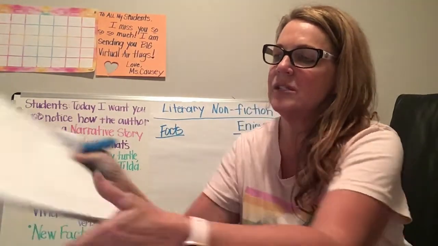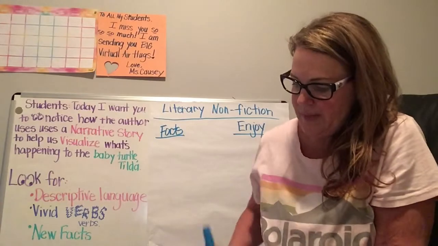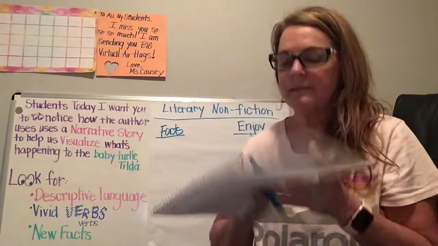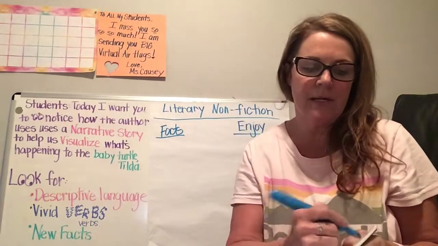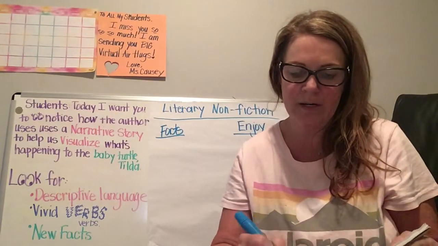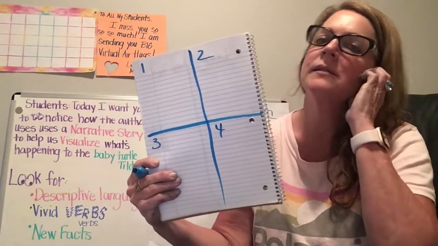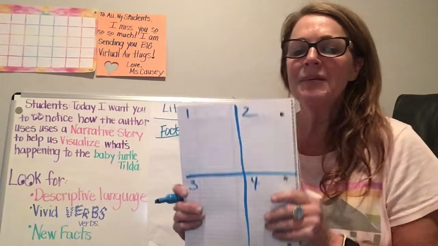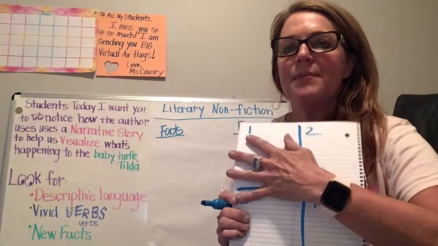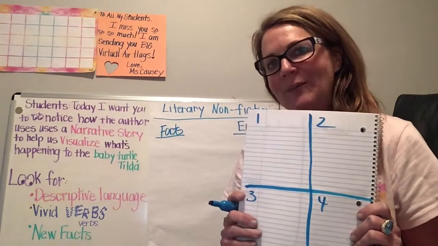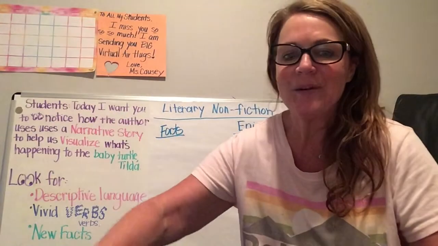So let's go ahead and just map out on our piece of paper, draw a line that way and one horizontal, and go ahead and number those boxes 1, 2, 3, 4, and that's where you're going to do your drawings. So I'm going to read and stop and jot, and as you listen, you're going to stop and visualize and draw. Okay? All right, let's go for it.